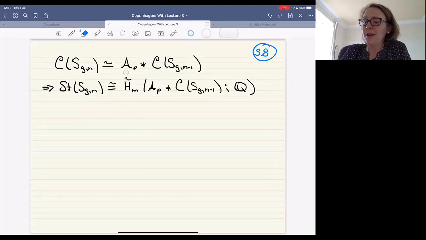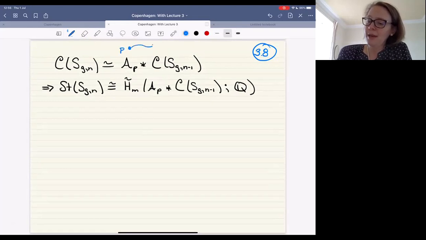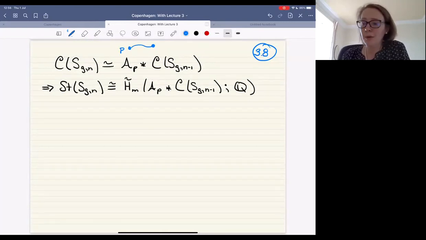So remember, these are arcs that join a point P to some other marked point on my surface. So it's the collection of all such, and we're taking the join of that with the curve complex with one fewer marked point. And so that tells me how to get started with computing this.